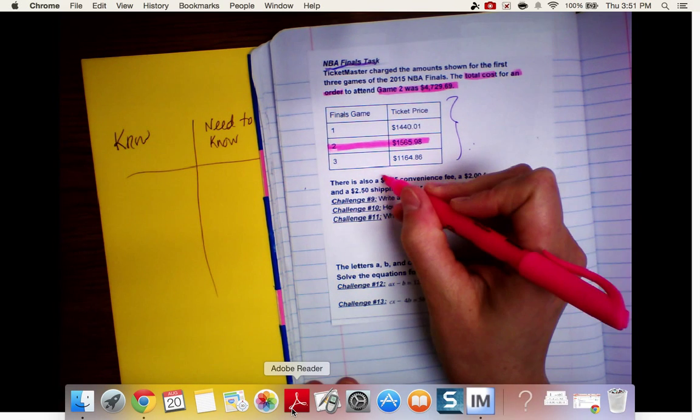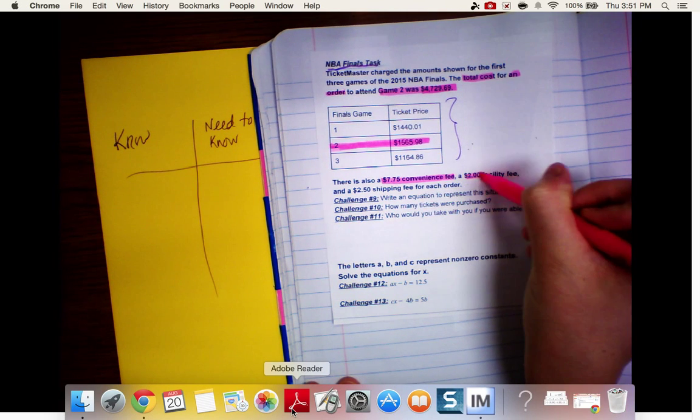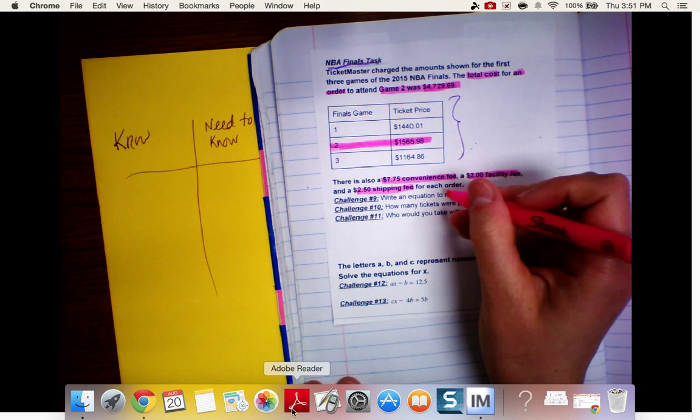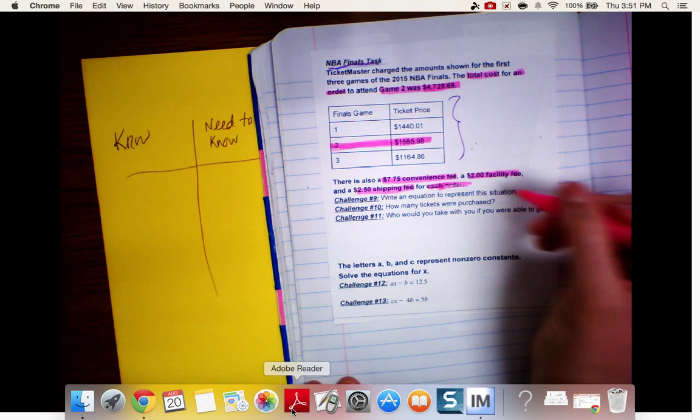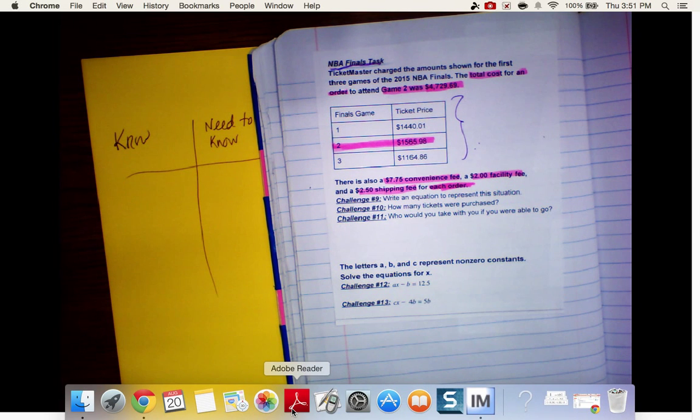And then there is a $7.75 convenience fee, $2 facility fee, and a $2.50 shipping fee for each order. Okay, so I'm going to write all that down in my know column.